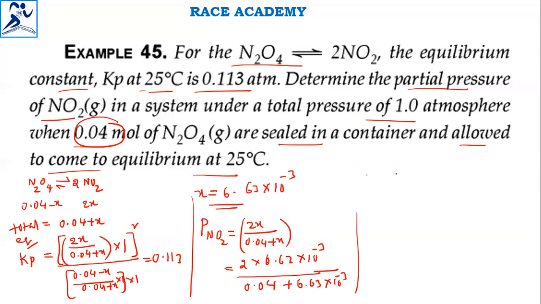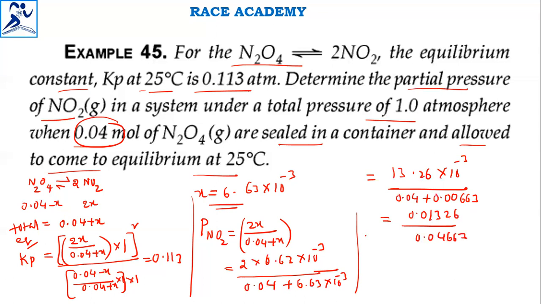So this will be equal to 13.26 into 10 to the power of minus 3 divided by 0.04 plus 0.00663. Upon simplification still further, this will become 0.01326 by 0.04663.